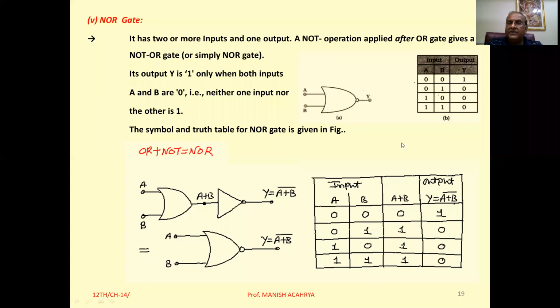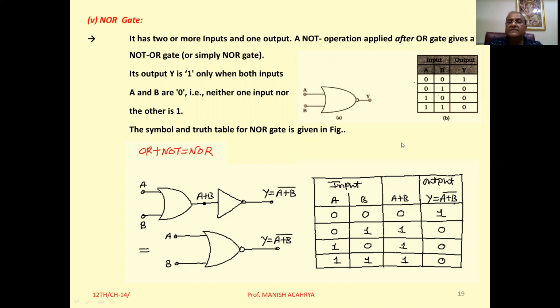NOR gate. The NOR gate also has 2 or more than 2 inputs, but only one output. When the OR gate is followed by the NOT gate, the resultant obtained is the NOR gate. Okay. So that is the combination of OR and NOT.